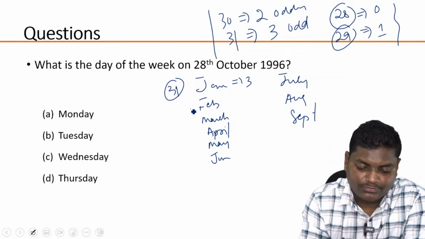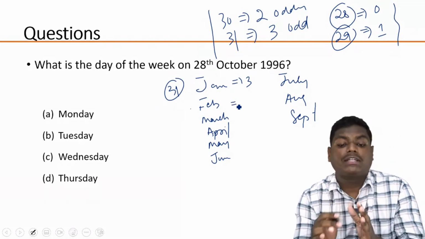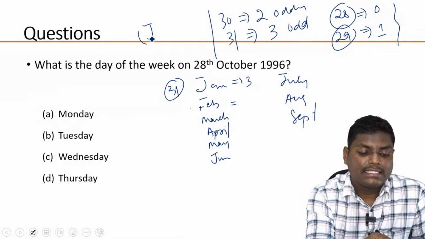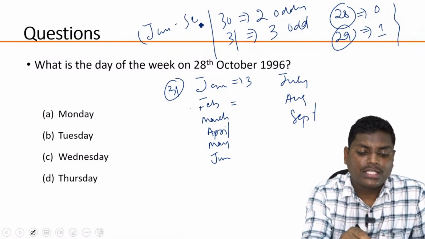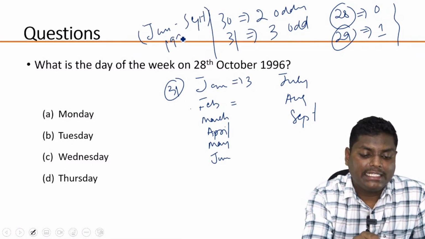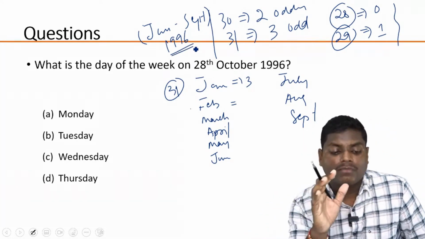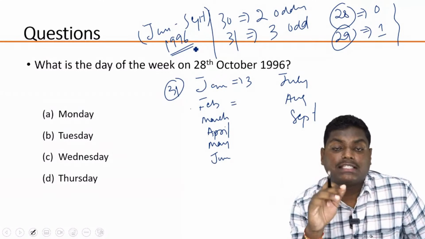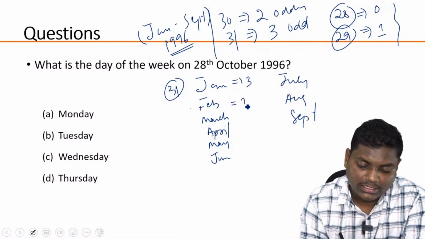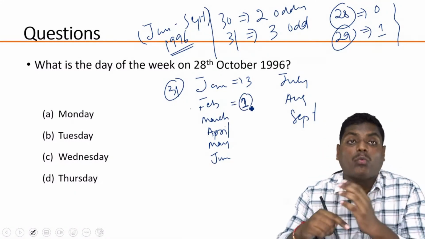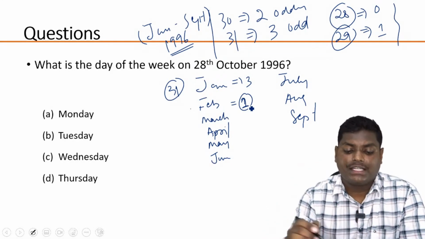For February, you need to consider that this January to September we are considering is of 1996. This is important. So this is a leap year, and in a leap year we'll have 1 extra day for February because it is 29.